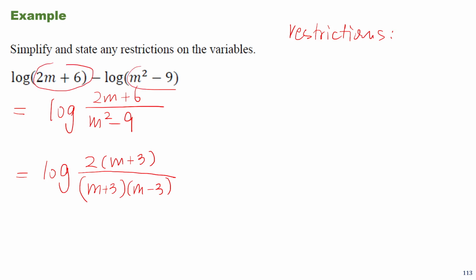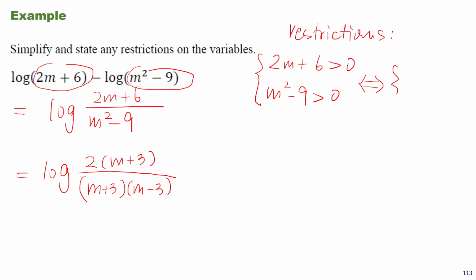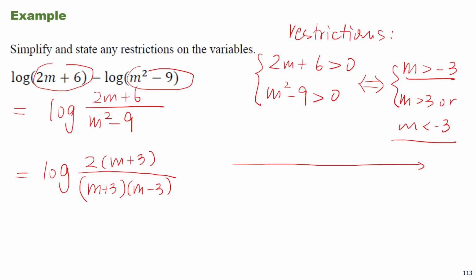This is another input of a logarithm, right? So you need to ensure 2m plus 6 must be greater than 0, and m squared minus 9 must be greater than 0, right? So this is equivalent to, first of all, m is greater than negative 3, and m is greater than 3 or m is less than negative 3, right? So we need to find the overlapped area between these two conditions. You can simply draw a number axis to find the common part.